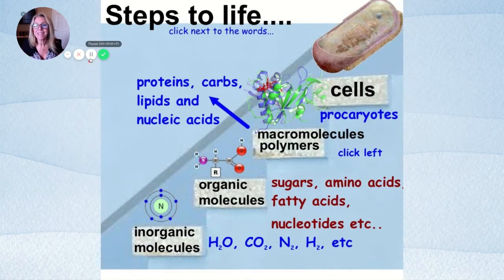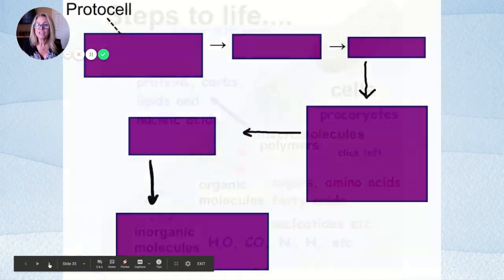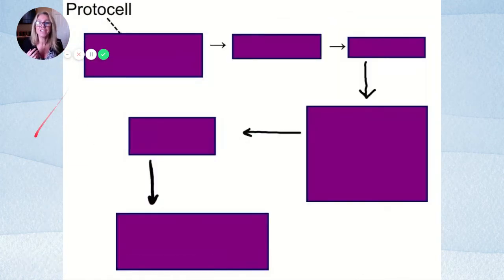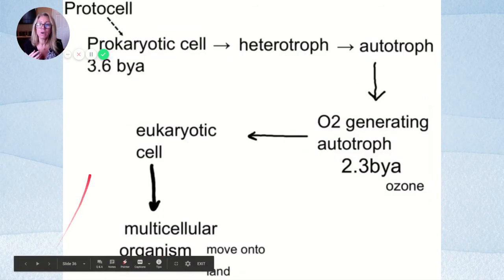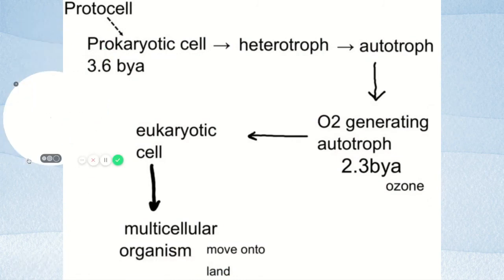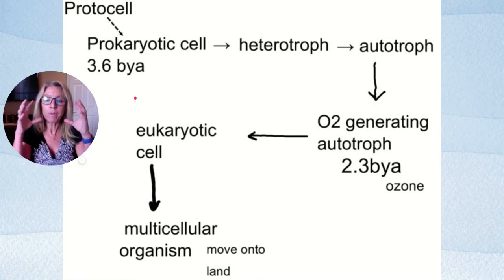Now, to get from this protocell to a self-replicating true cell, there are several steps that need to happen. The first cell was probably about 3.6 billion years old, your first true self-replicating cell.